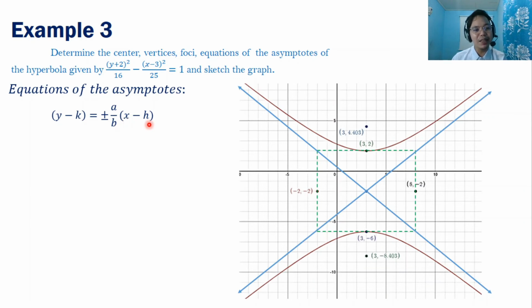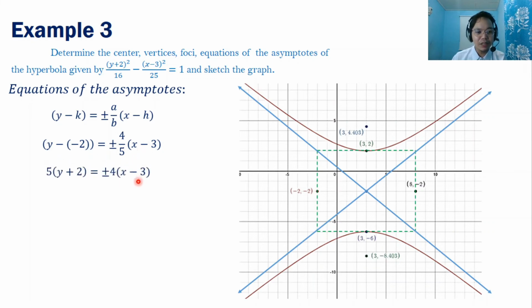So may value naman tayo ng ating k, h, a, and b. Isa-substitute na lang natin, then we're going to find the equations of the asymptotes in terms of y. So we have this substitution, y - (-2) = ± 4/5 (x - 3). Then, cross-multiply lang.